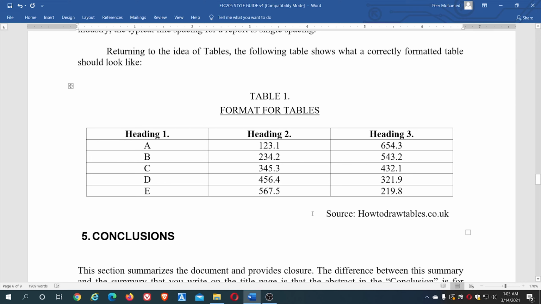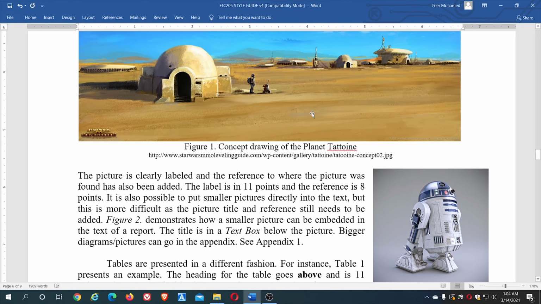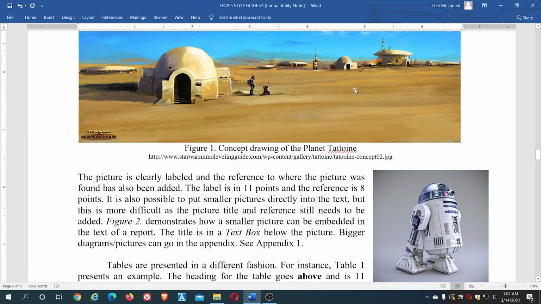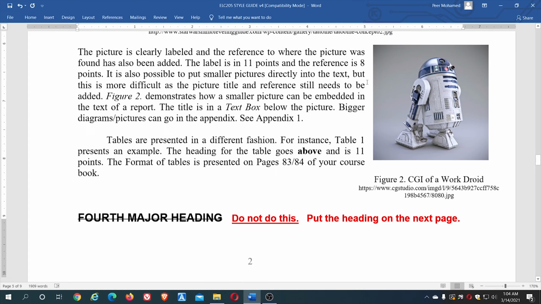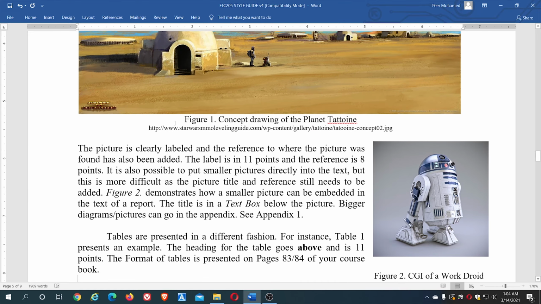So whenever you are taking information from some other website, you have to mention clearly where you have taken it from. Otherwise it will be considered plagiarism, because the table is not yours. You didn't make the table. You didn't make the picture. This picture is from somewhere else, done by someone else. So you have to mention the source. In the picture, the source is mentioned here, the website address.